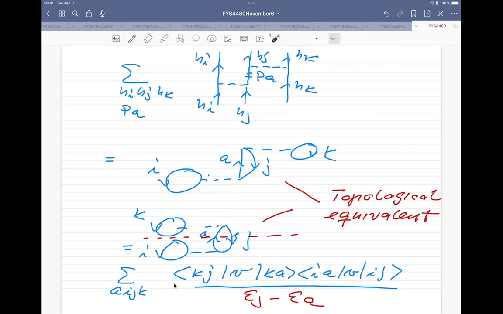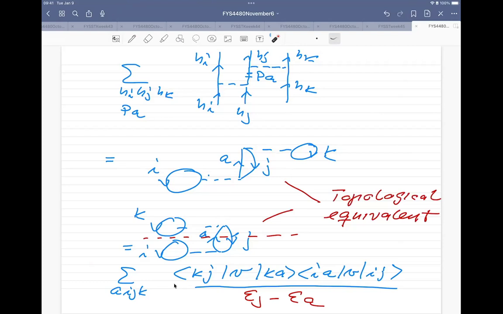So mathematically, when we write down the expression, we get the same contribution. Of this type of diagrams, there are 16 topologically equivalent contributions. And the reason we don't have a factor of 1 over 16, because there's a factor of 1 over 4 from each one of these, is simply because we have 16 equivalent contributions which sum up and cancel the factor of 1 over 16.